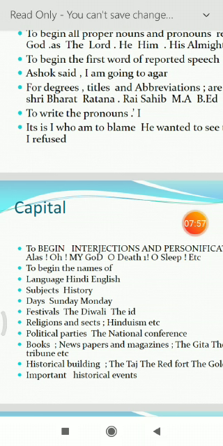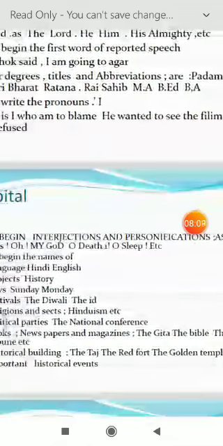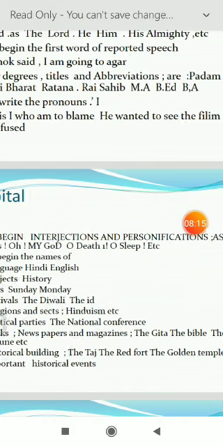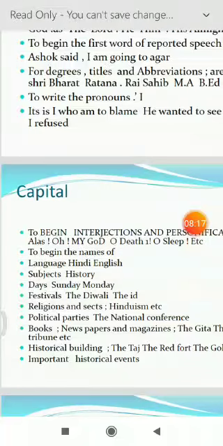Political parties such as National Conference, Bharatiya Janata Party, and so on, the first letter must be capital. Books, newspapers, and magazines: The Gita, The Bible. In The Bible, B must be capital, but I have written it in small, that is a clerical mistake. The Tribune is also a newspaper name, but it must be capital.